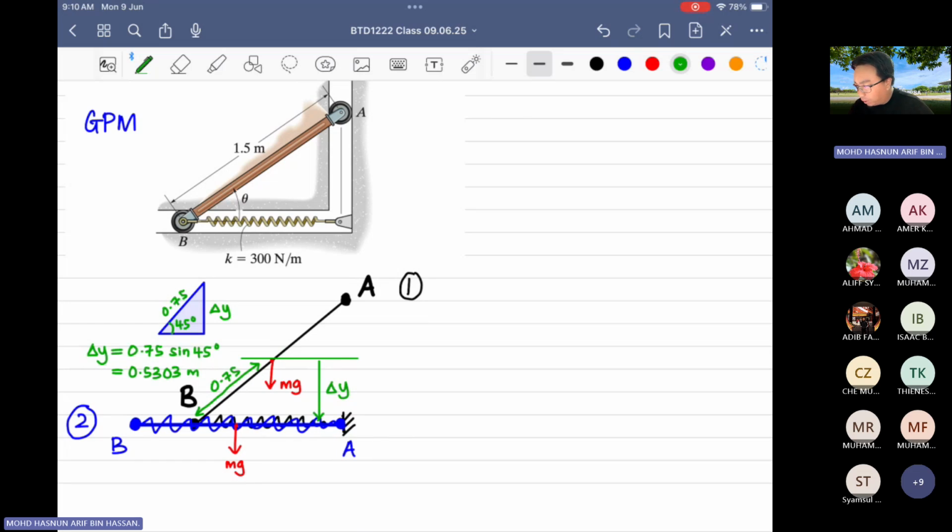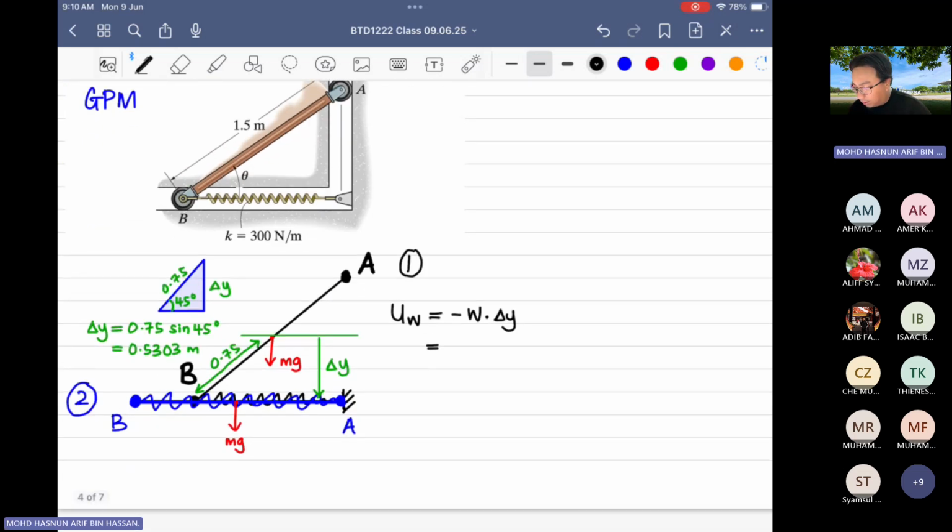So once we have the value of delta y, we can calculate the work done by the weight. So UW is equal to minus W times delta y. What is the weight? A 30 kg rod.